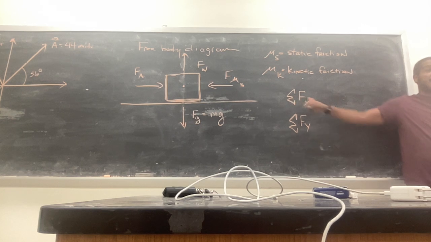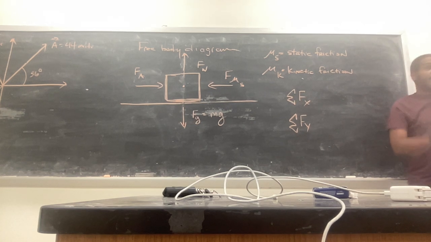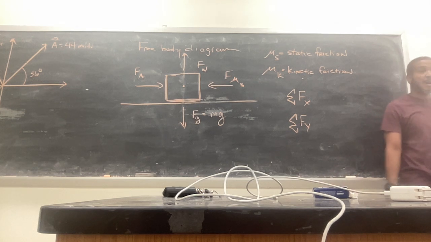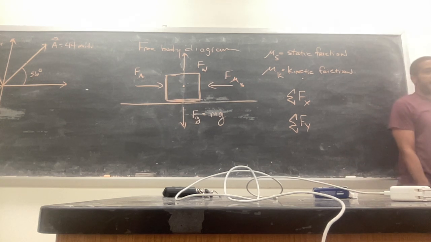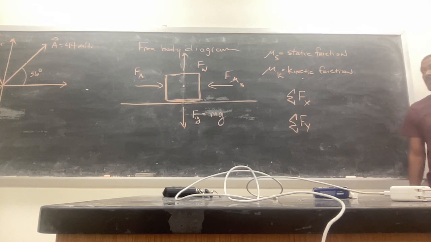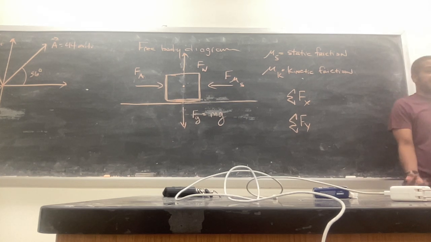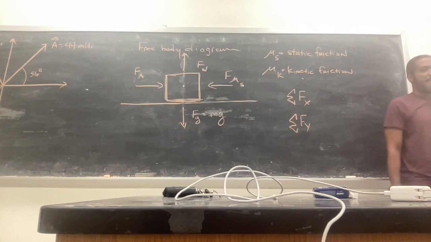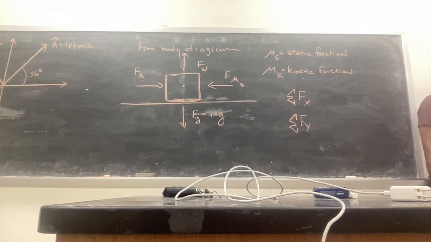So we're adding the forces together. Sum means to add together. But because forces are vectors, we know that they have what? Magnitude and direction. So we have to indicate their directions.